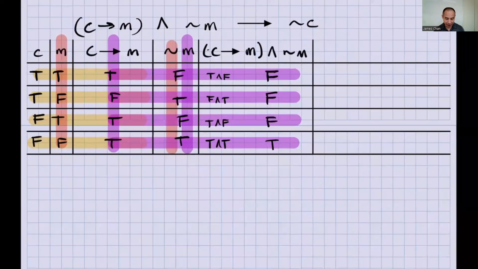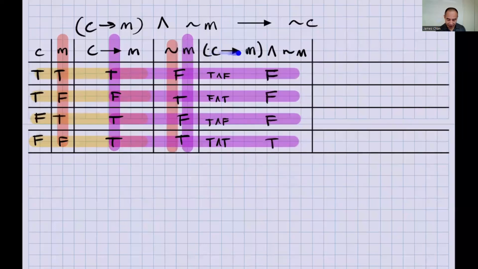Okay. So the next thing, now I have this part right here done, right? So now I've got to get this. So I need to do a not C. Okay, what's not C? What do I get when I negate C?